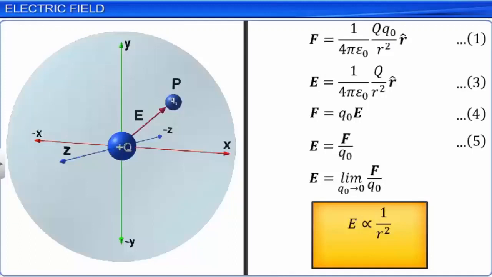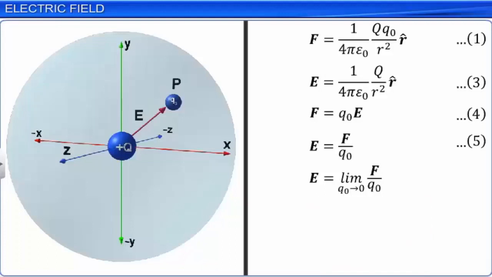It varies with r cap and is inversely proportional to r square. The electric field at any point in the electric field is finite and is 0 only when distance r is equal to infinity.